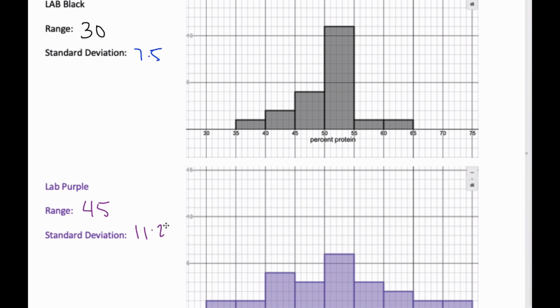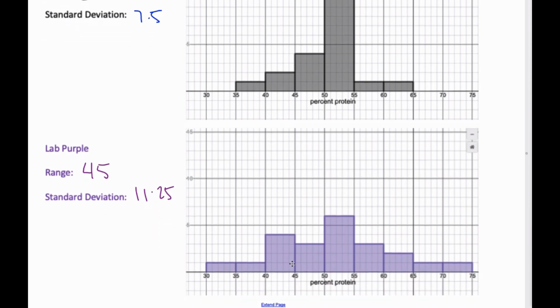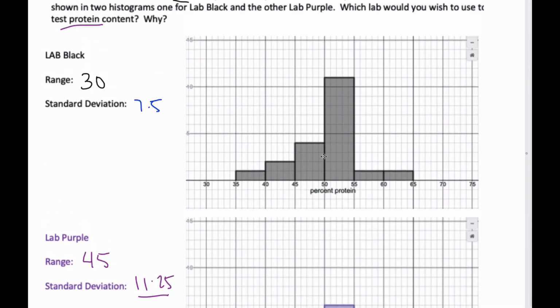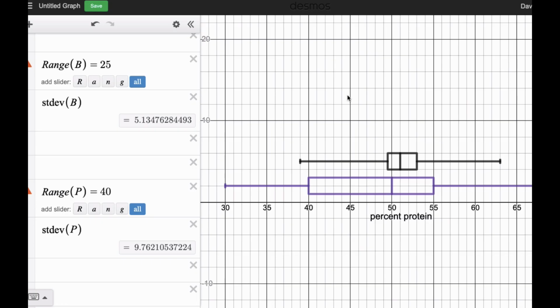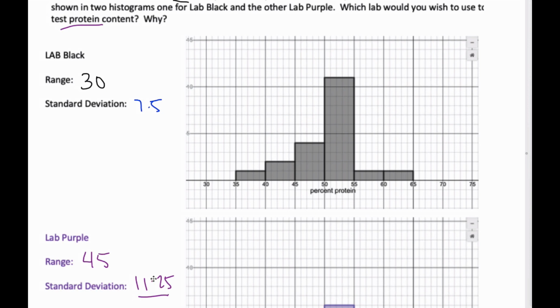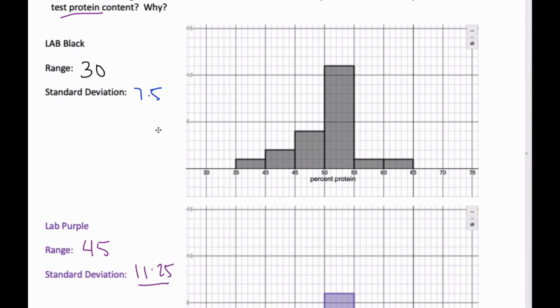So 11.25 is my standard deviation, and the spread of these numbers is much more than the spread of the black lab. If we were actually going to find the standard deviation for real, the black standard deviation is 5.1 and the purple standard deviation is 9.8. So 9.8 and 5.1 is close enough to give us a ballpark sense of what's going on in this data.